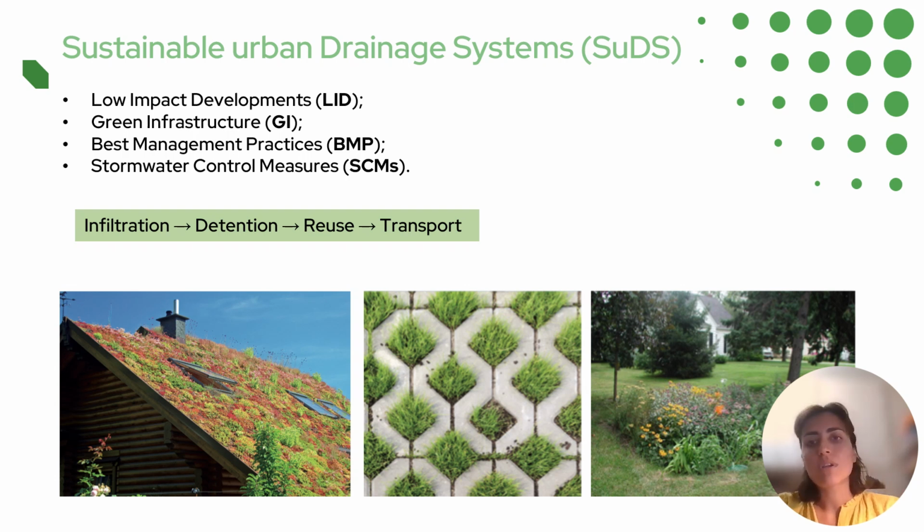The process usually follows 4 steps: infiltration, detention, reuse, and transport. This means that water is first allowed to infiltrate the soil, then temporarily stored, and whenever possible reused before being conveyed downstream. The benefits go far beyond flood risk mitigation.